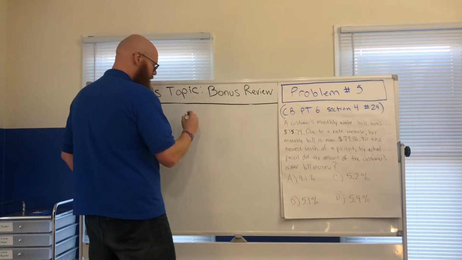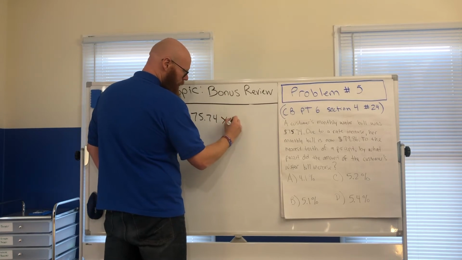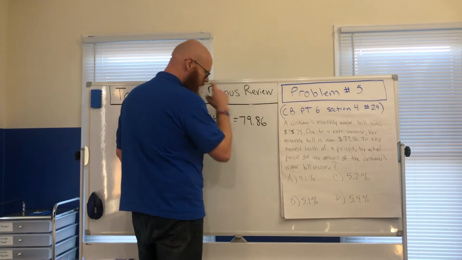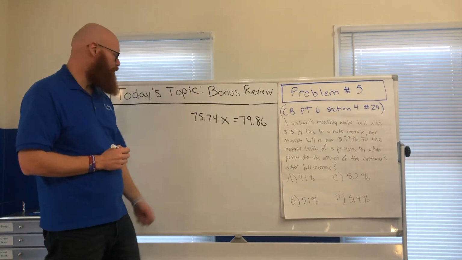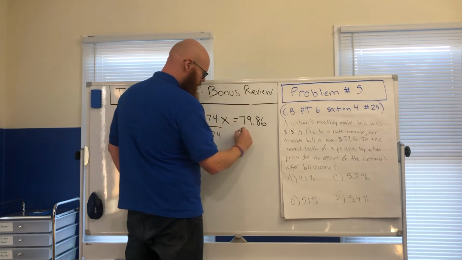So $75.74. What did that get multiplied by to end up with this final bill of $79.86? All right. Well, this is really easy to solve. Just divide by 75.74.